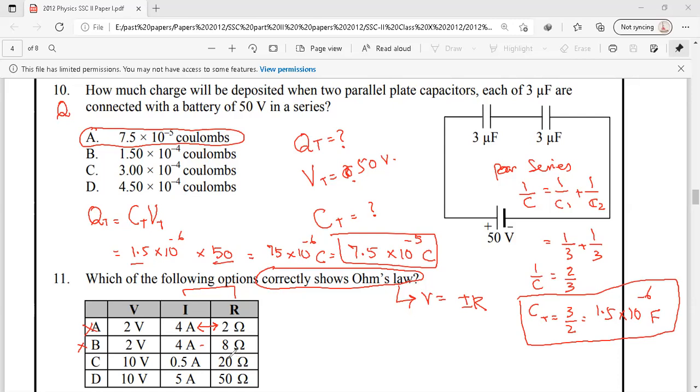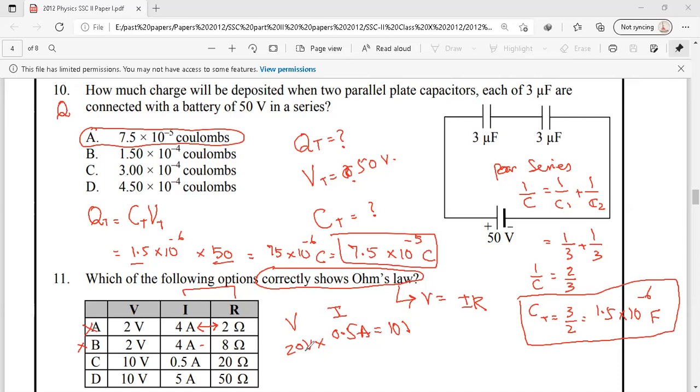Then we have option C, 20 is R and 0.5 is I. So 20 multiplied by 0.5 will be equal to 10. 20 volts, that is V, multiplied by 0.5 ampere, that is current, equals 10 volt.